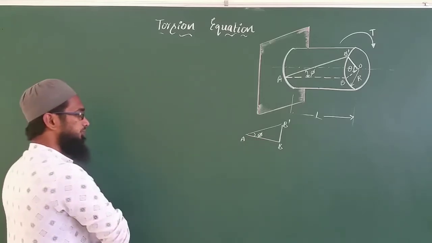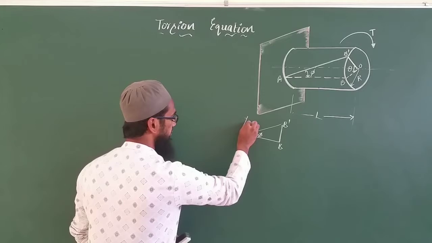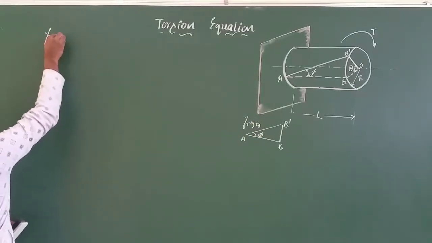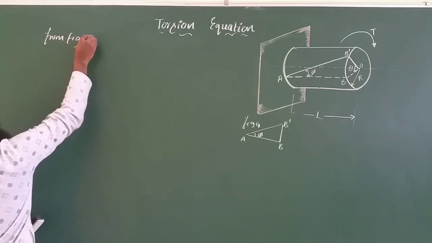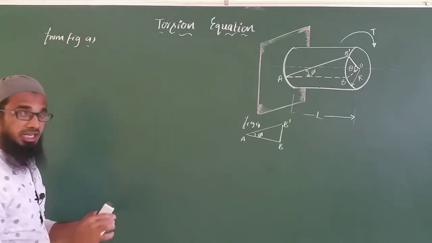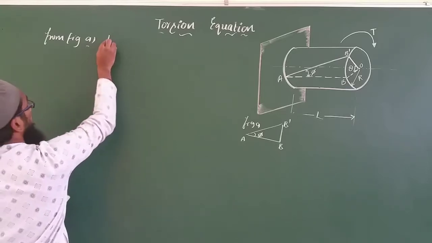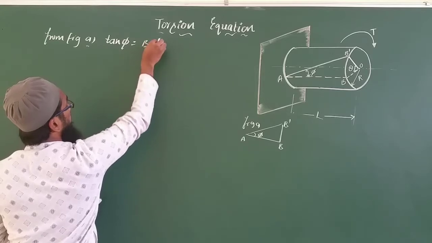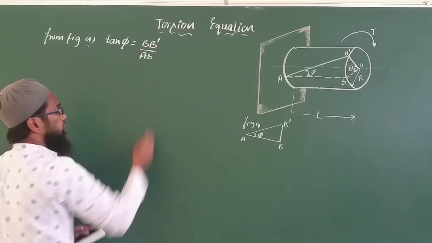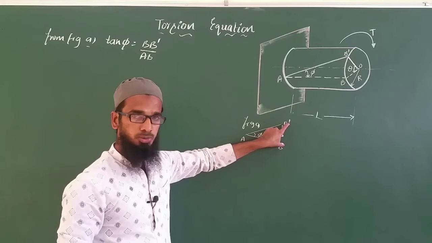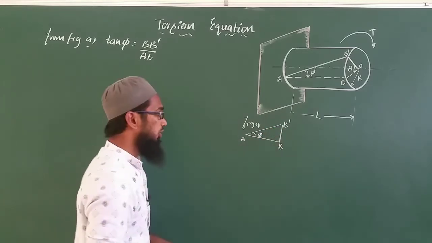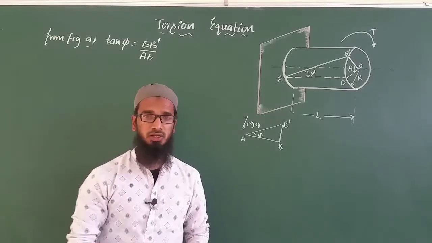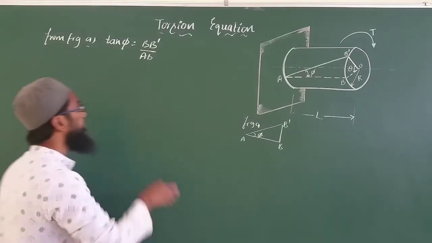Now from this figure, let us call it figure A, what is tan phi? Tan phi becomes the opposite, BB dash, by AB. We know by geometry that for a small angle, tan phi becomes phi.